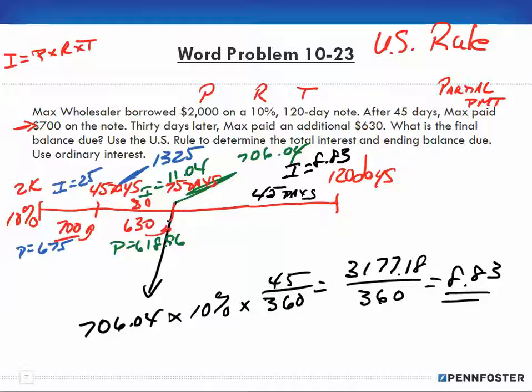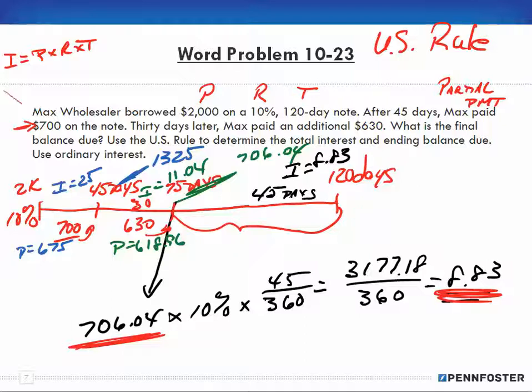Now, we're paying off the rest of the loan, okay? We're not making a partial payment here. We're paying whatever is due, okay? So what was due was the principal at day 75, which is this, let me go back to red, which was this 706.04. That was my principal at the beginning of that period. And I accrued $8.83 of interest during this amount of time.